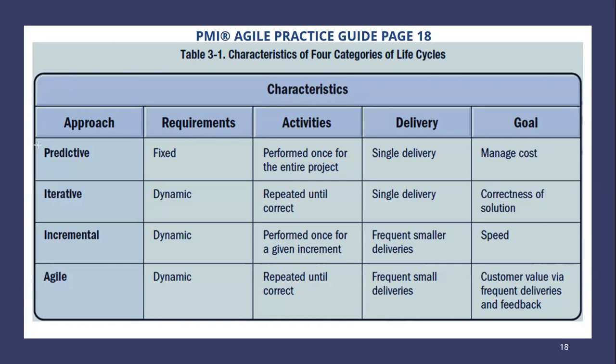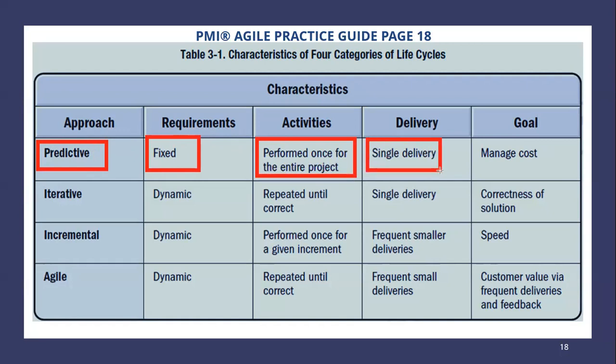We have a predictive approach to project management, which is plan-driven. The requirements, of course, are fixed. Can they change? Yes, they can, but it has to go through very heavy change control. The activities are performed once for the entire project. The delivery is a single delivery at the end, and our goal, you know, is to manage costs. That's why we have heavy change control.